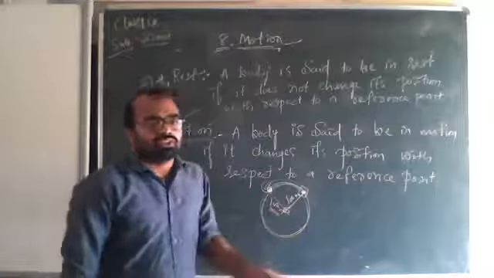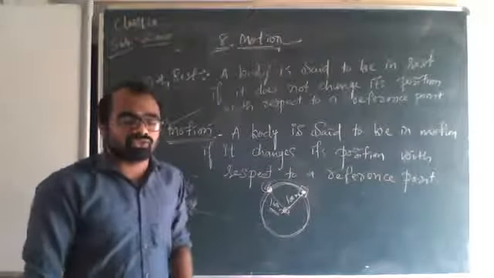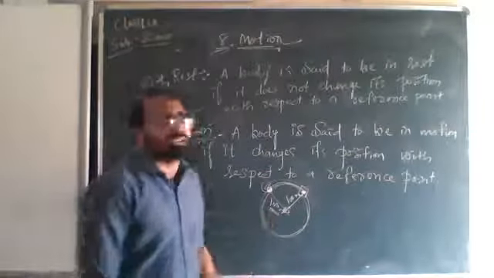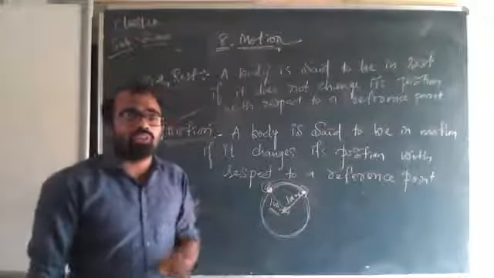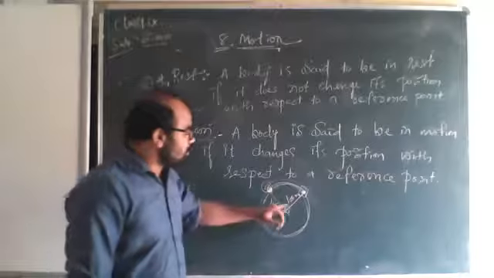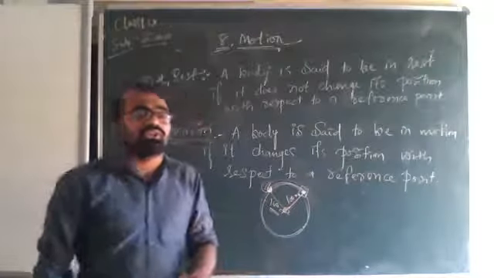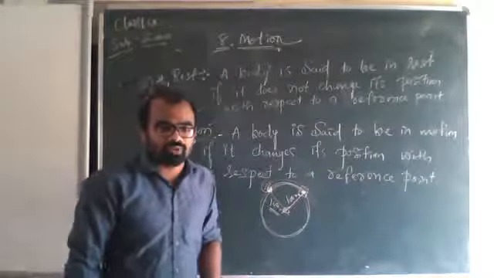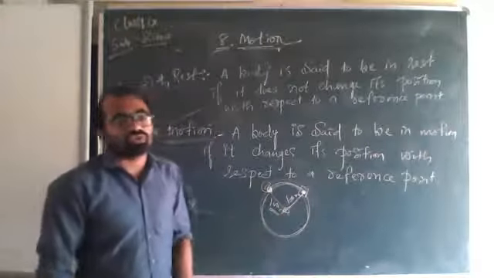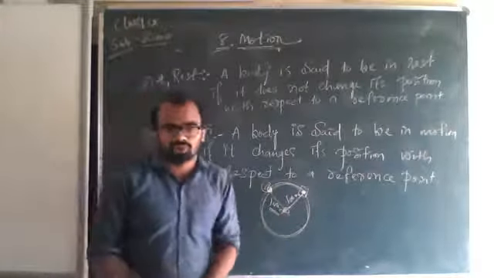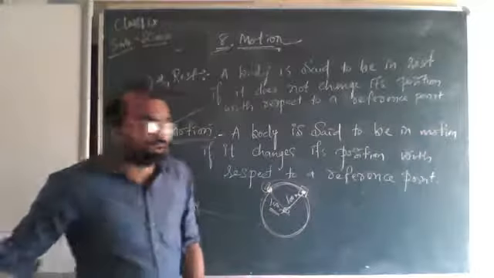If the body is in motion, there is no such need that the distance always changes. Sometimes in circular motion like this, it remains constant even though the body is in motion. So I hope you got my point.